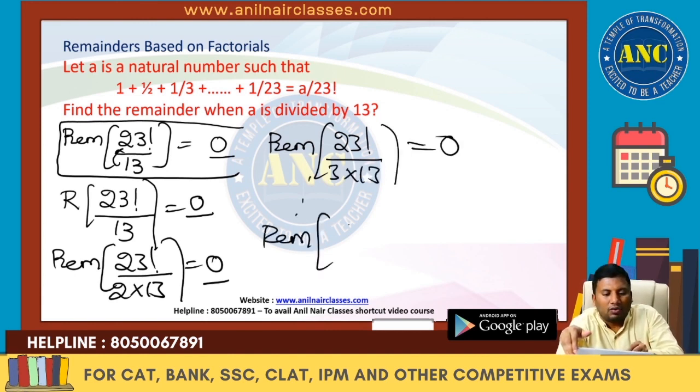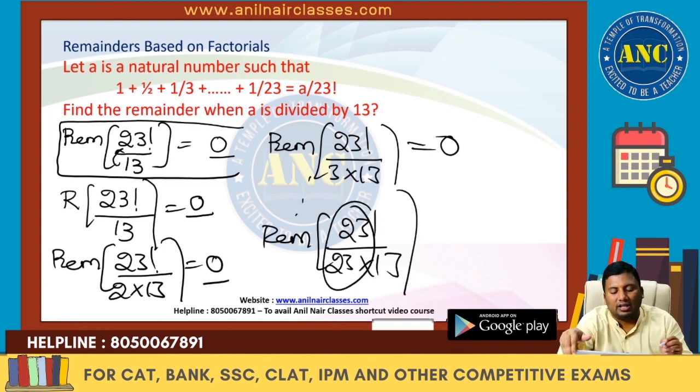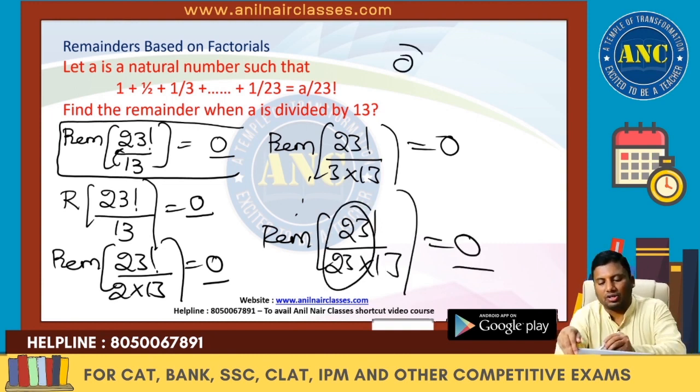Remainder when 23 factorial is divided by 23 into 13. 23 factorial contains 23, contains 13. Remainder 0. So the answer for this question is 0.